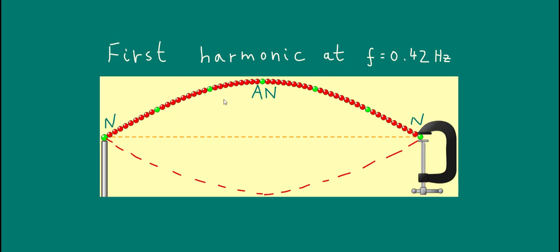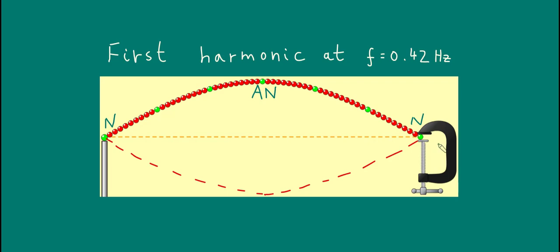And the first harmonic, as you might have expected by now, consists of just a single antinode and two nodes. And because you can't get any fewer than one antinode, this is the lowest frequency harmonic. So this is the lowest frequency at which a stationary wave will occur for this system.